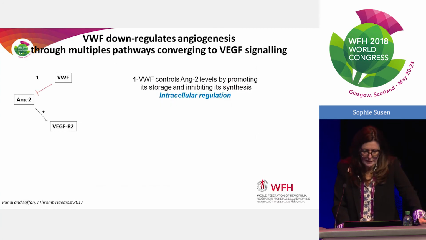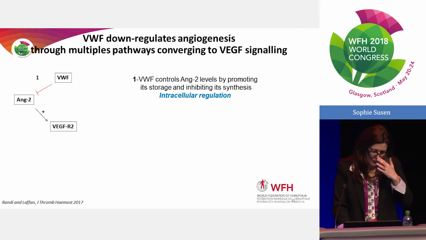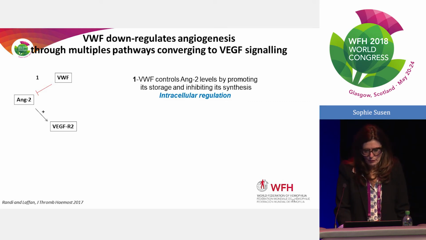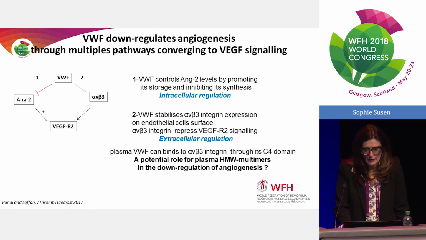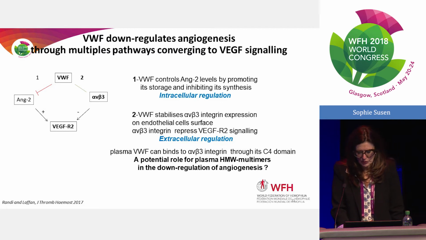So the pathophysiology is rather complex. Anna demonstrated two means of regulation of angiogenesis by VWF. One is intracellular regulation, and the second one is extracellular regulation. With the second one, maybe there is a role for plasma high molecular weight multimers to down-regulate angiogenesis.